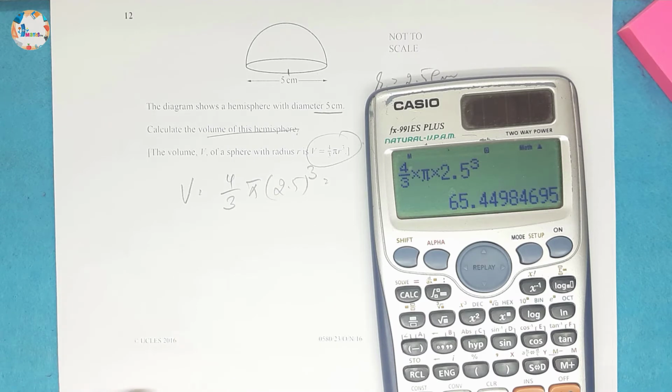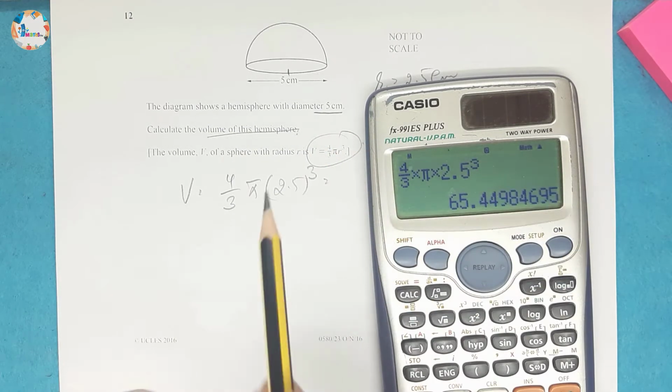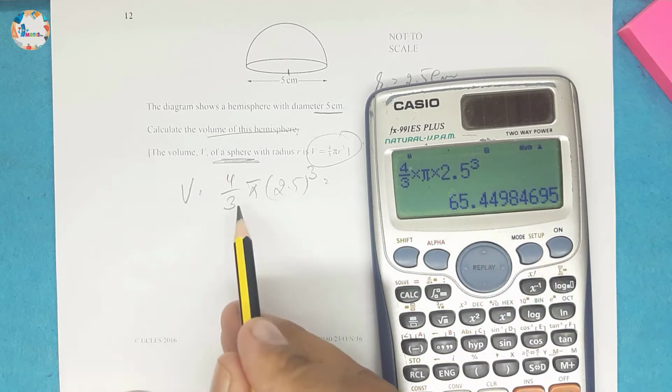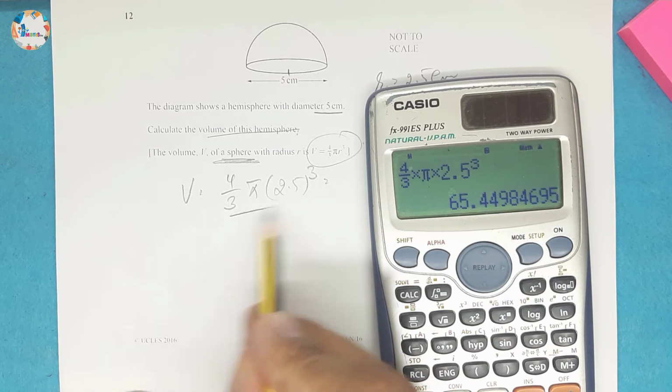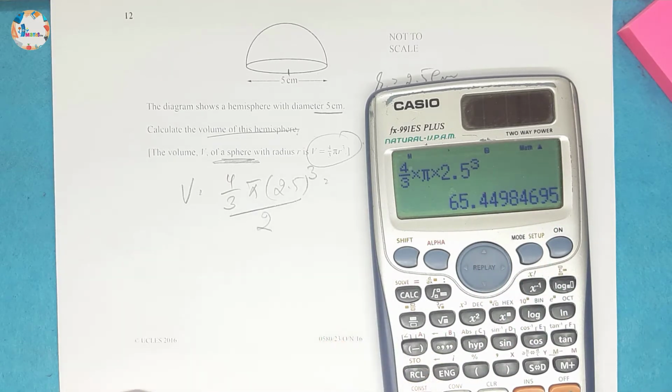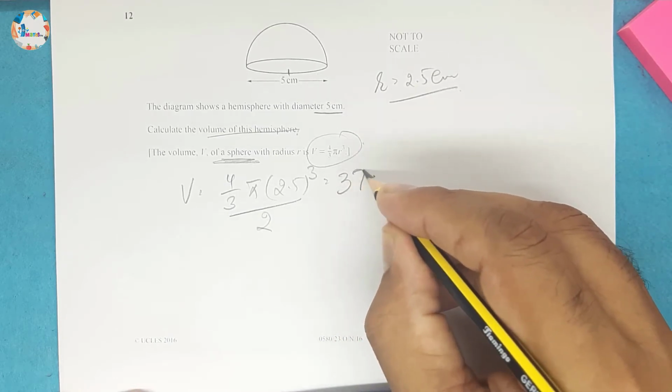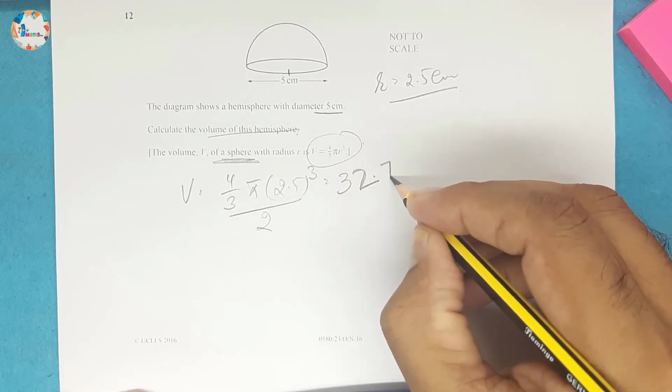Basically we have done some mistake, so we have to check what is the mistake. Yeah, this is volume for the sphere, not for hemisphere. So we have to divide this whole thing by 2. If we divide this by 2, we will get 32.72.